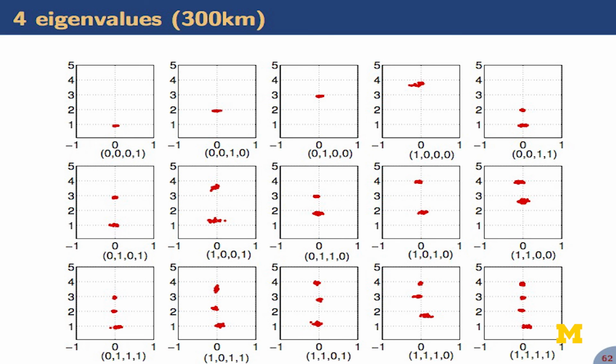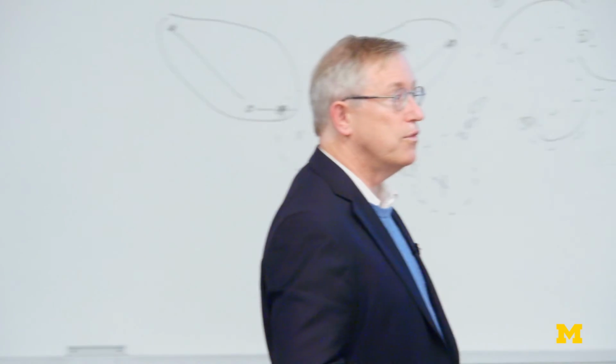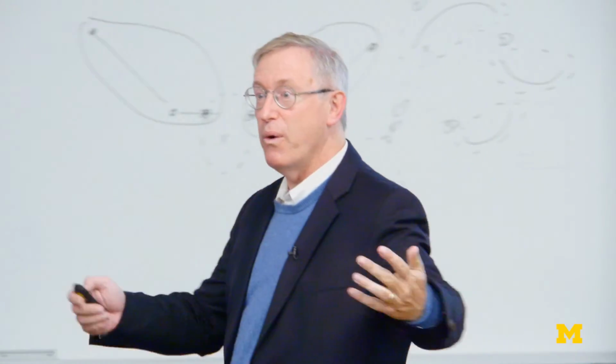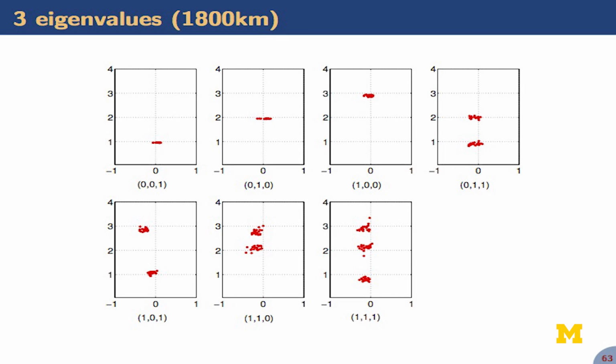These are the received constellations. We were able to decode completely successfully in all cases, with no errors. Kind of a little bit embarrassing: I can't show a probability of error. And with 3 eigenvalues, we went much farther, to 1,800 kilometers, and were able to decode quite successfully.